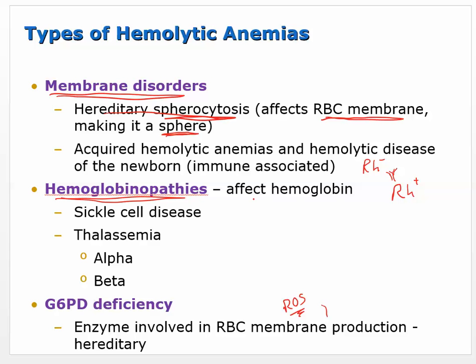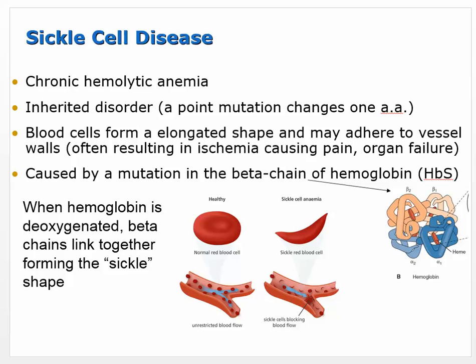And hemoglobinopathies affect hemoglobin. We're going to talk about all of these. Sickle cell disease, thalassemias, alpha and beta. Okay, so let's start with sickle cell disease. It is a chronic hemolytic anemia. It's inherited, and it is a point mutation in one amino acid, and it affects the beta chain.